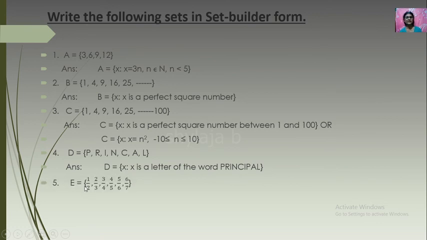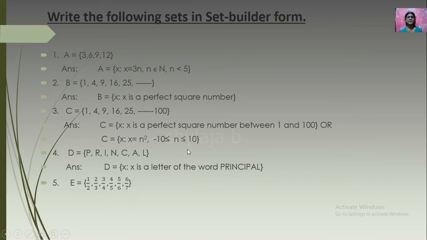Come to the fifth question. E is equal to 1 by 2, 2 by 3, 3 by 4, 4 by 5, 5 by 6. If you read this, the denominator is 1 more than the numerator. For 1, the denominator is 2. 1 more than 2 is 3, like this.